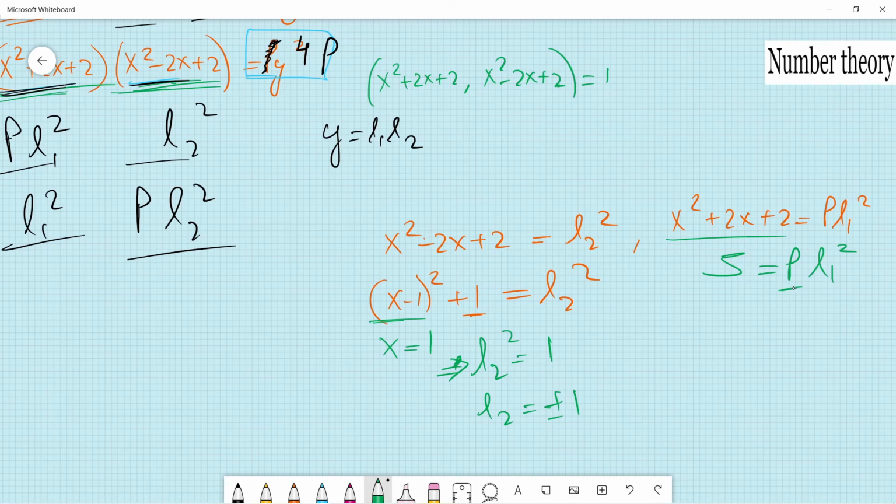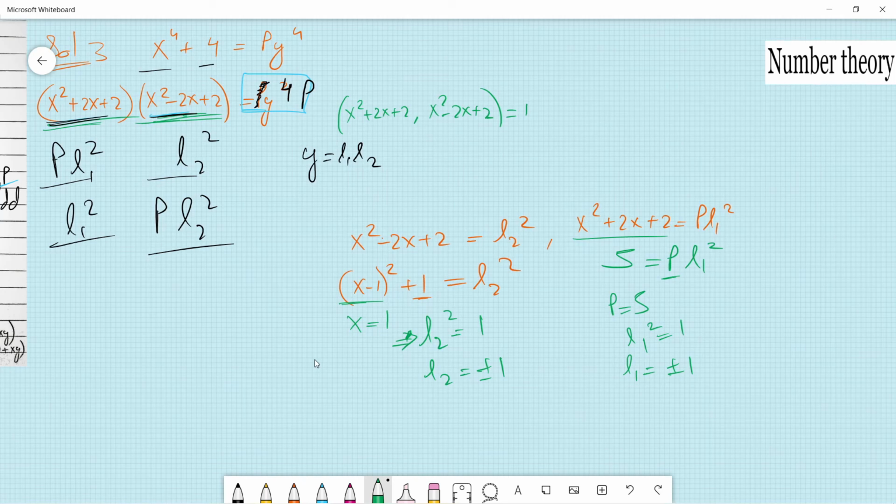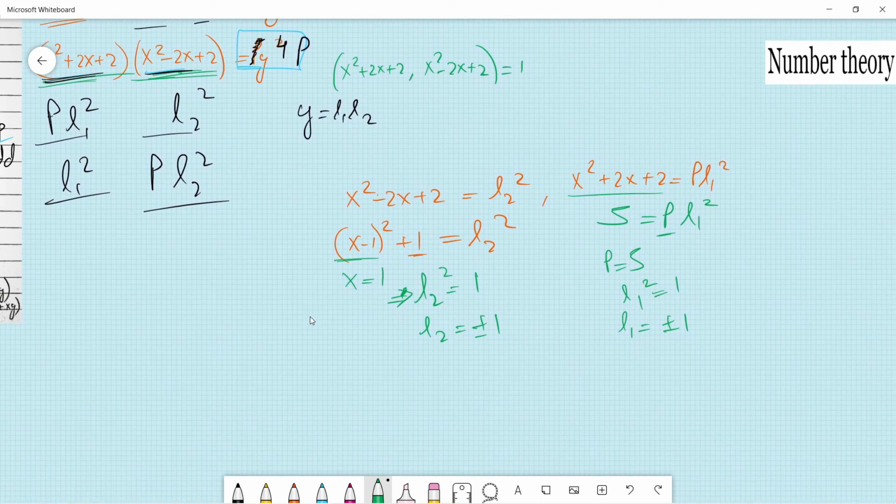But since p is prime greater than 1, of course, p has to be 5 and l1 square has to be 1, which then gives us l1 is plus minus 1. So the solution that we are getting is x is 1, p is 5, and y can be 1 or minus 1.